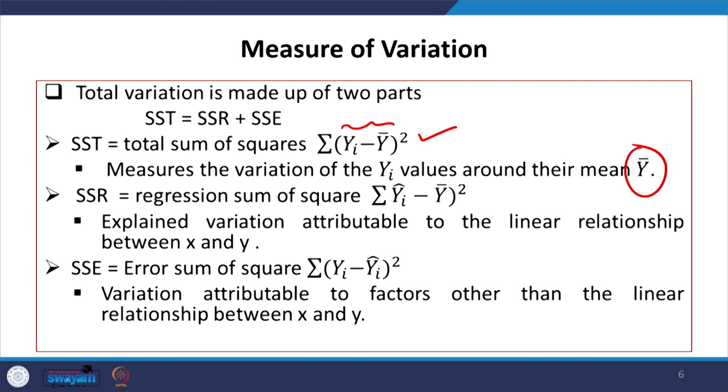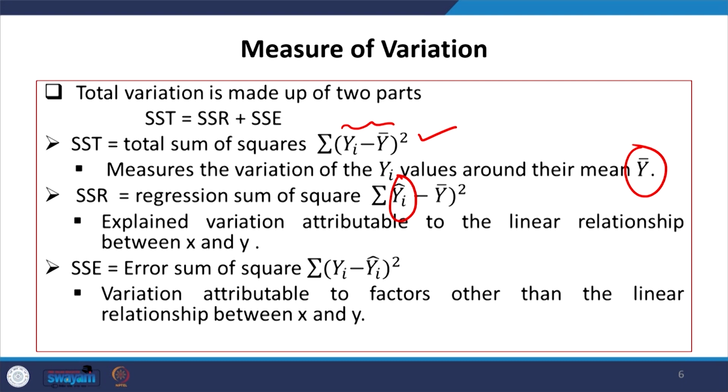Then the second one is called regression sum of squares. It is basically from the mean value, but the estimated yi, not the individual yi. The estimated yi hat minus y bar, and if we take its square, the sum is called the regression sum of squares.